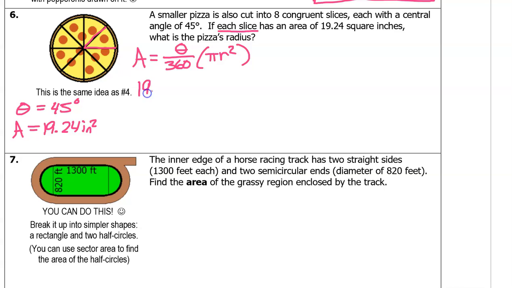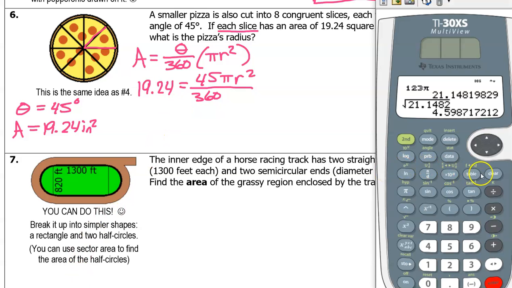So we've got 19.24 equals 45 over 360. Now I've left room for my pi r squared. I'm just going to stick that on right here, pi r squared. 45 over 360, that does reduce. I always reduce whenever I can because I like smaller numbers.